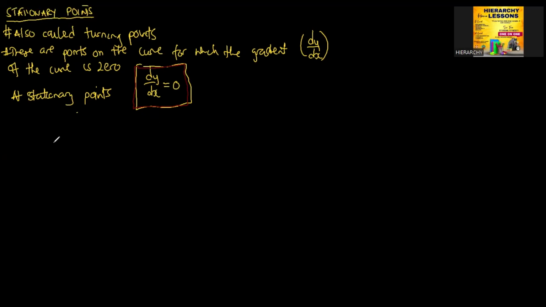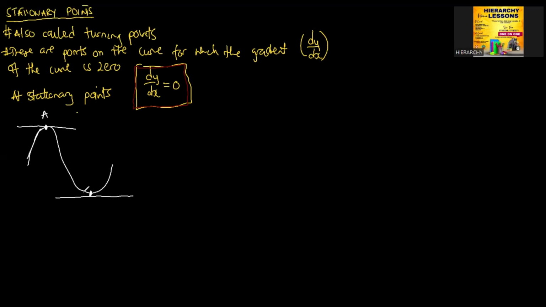Let's say if we have a curve like this. Here is a turning point, and here we have another turning point. If we draw a tangent at this point, and then we draw a tangent at this point, you see the tangent is parallel to the x-axis, meaning the gradient is equal to 0.